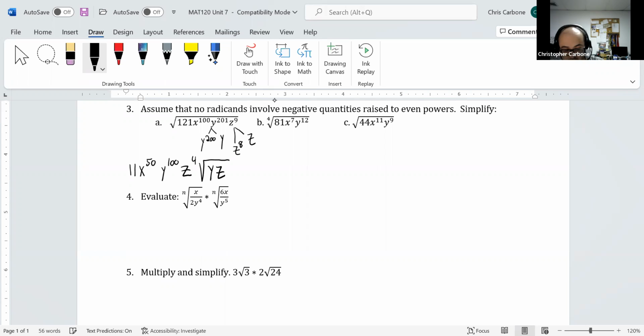For part B, the 4th root of 81 times y to the 7th times x to the 7th times y to the 12th. The x to the 7th, we can separate between x to the 4th and x cubed. The y to the 12th goes in evenly, and so does the 81. So those two are fine.